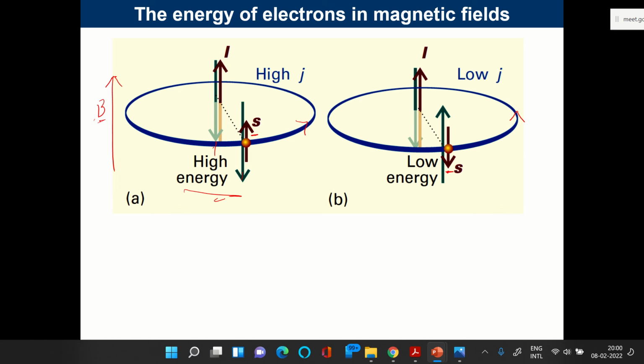Here the spin angular momentum and the orbital angular momentum were pointing in the same direction. Now suppose the spin angular momentum is reversed. In this case, one magnetic moment is pointing down and the other magnetic moment of the electron is pointing upwards. So the magnitude is reduced, and overall the energy will be low.